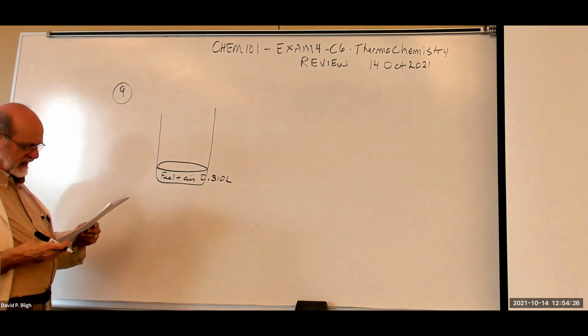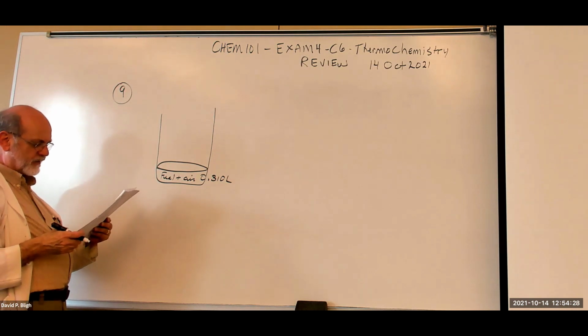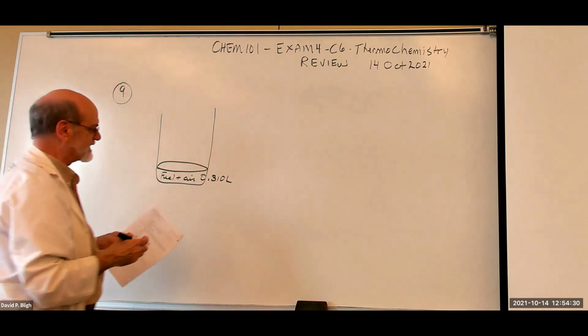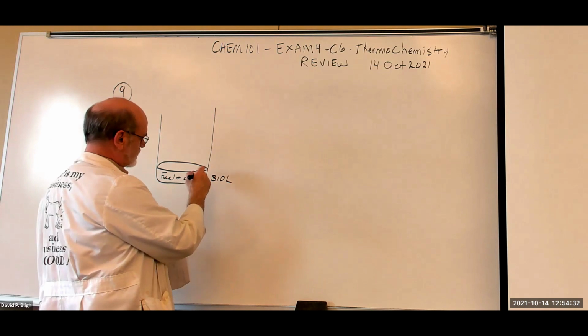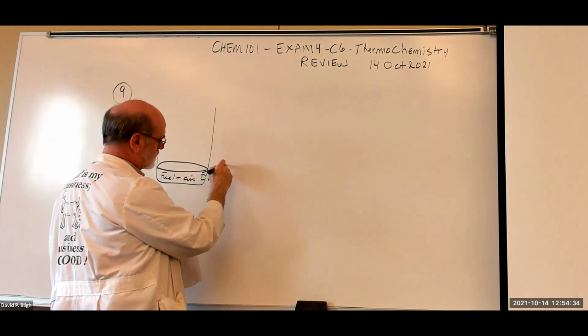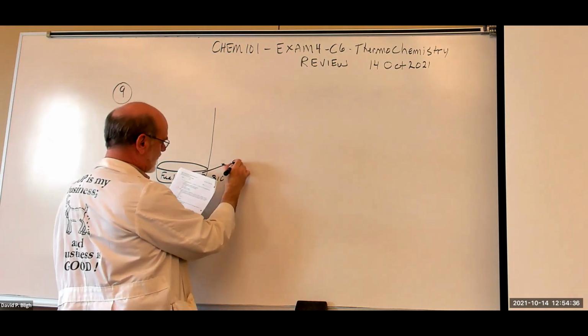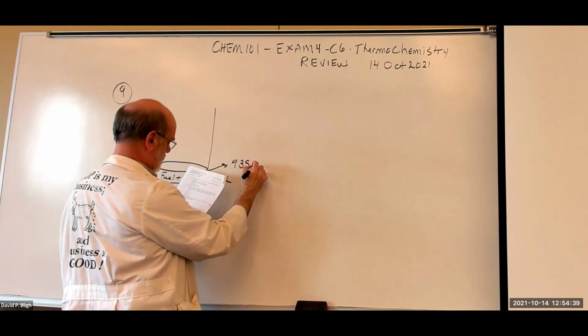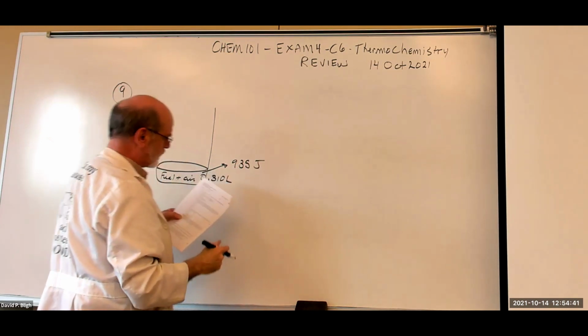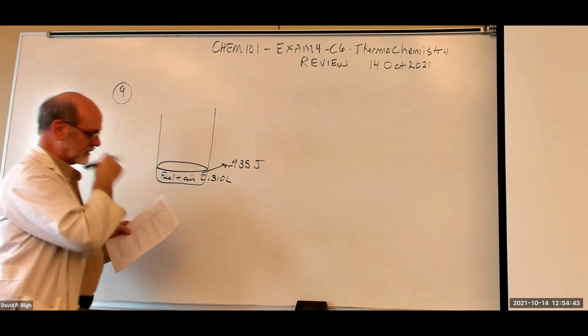When the mixture is ignited, gases are produced and 935 joules of energy is released. So we've got an exothermic process with 935 joules of energy being released. So that's a negative.